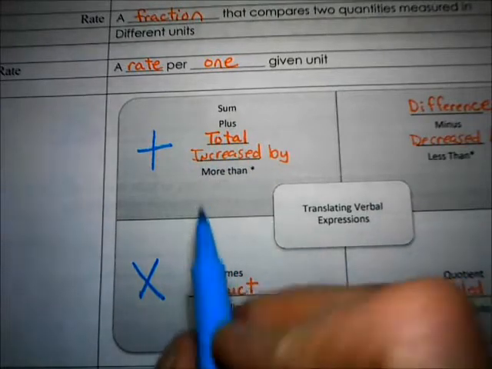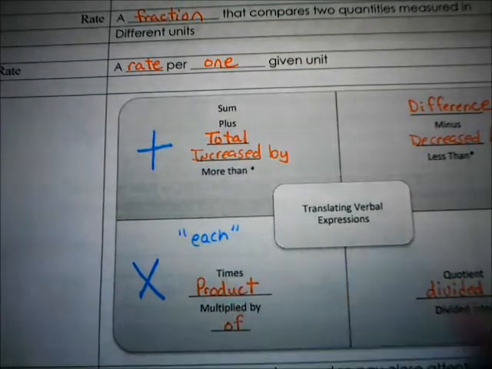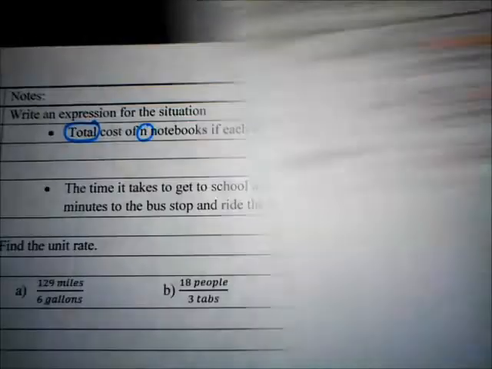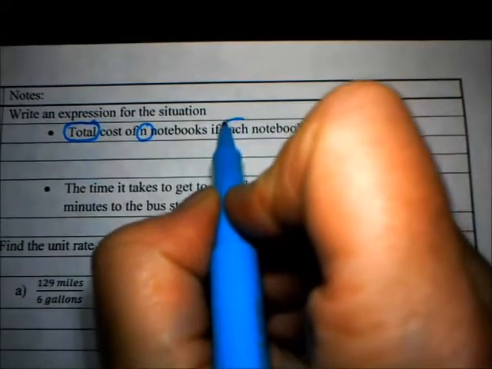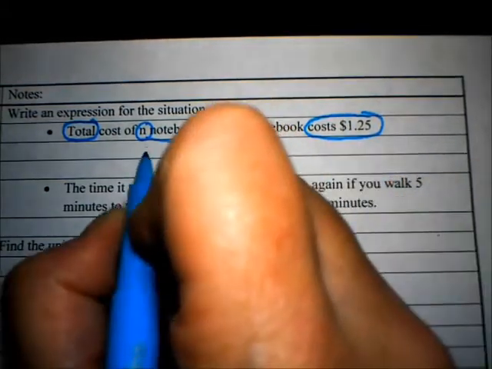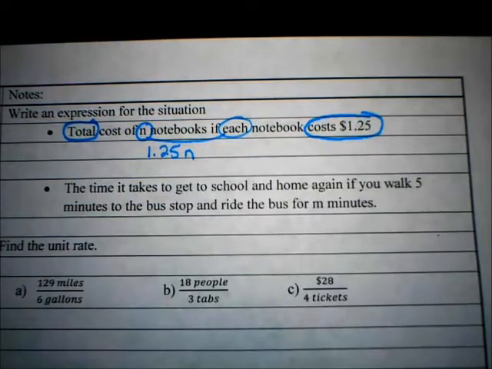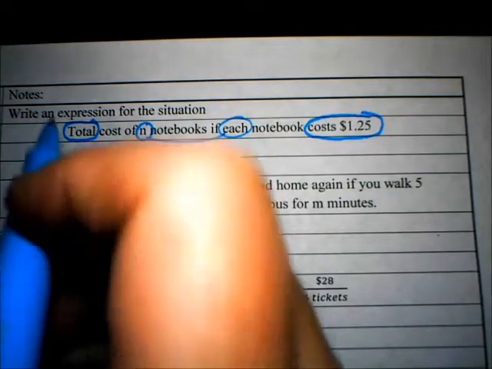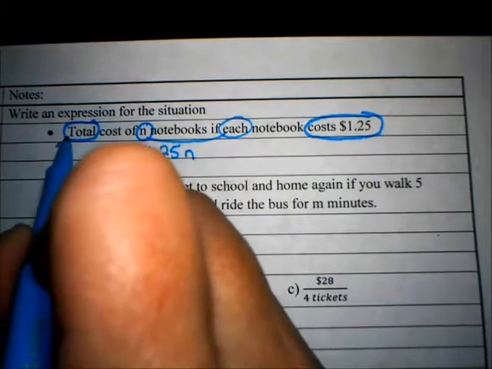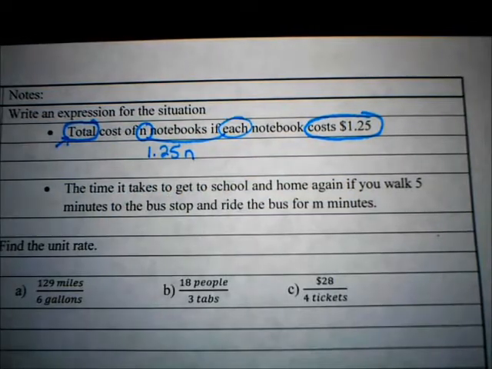Each is one of those words that we could place here in our multiplication section because it means we're multiplying, so I see that I'm multiplying n times $1.25. So I'm going to put $1.25 and the letter n behind it. Now the total was confusing because I started to put a plus sign, but that is not what is actually being used there.